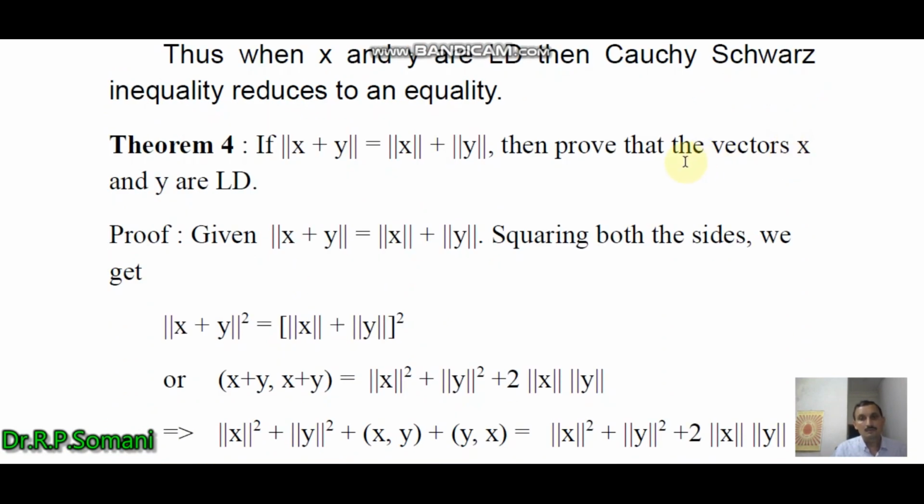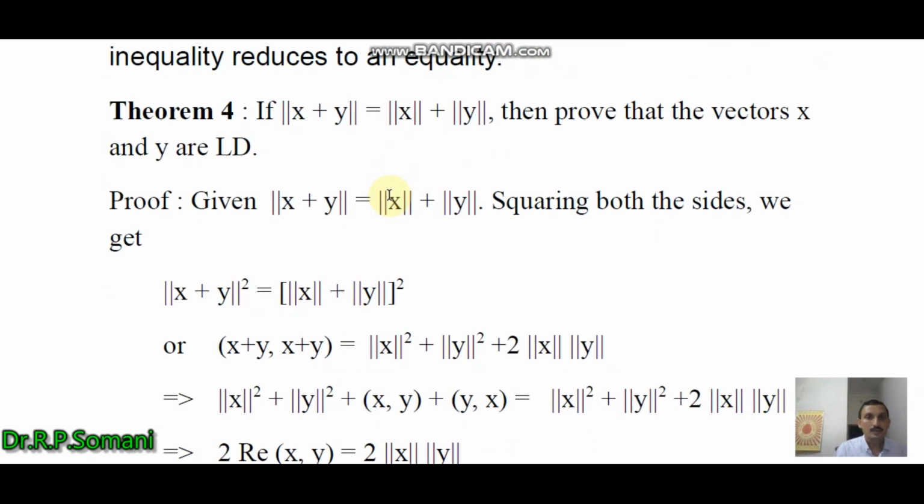Lastly we consider theorem 4, which says that if norm of x plus y equals norm x plus norm y, then the vectors x and y are linearly dependent. We prove this theorem with the help of the previous theorem, theorem 3. We are given that norm of x plus y equals norm of x plus norm of y.